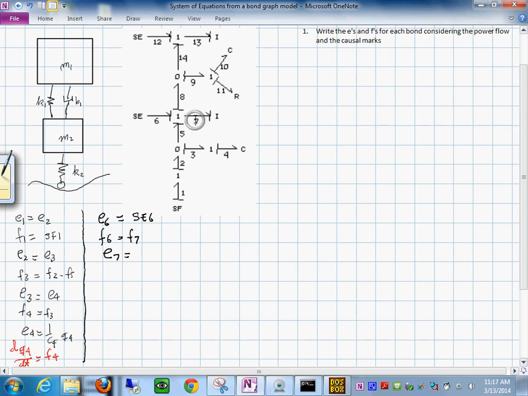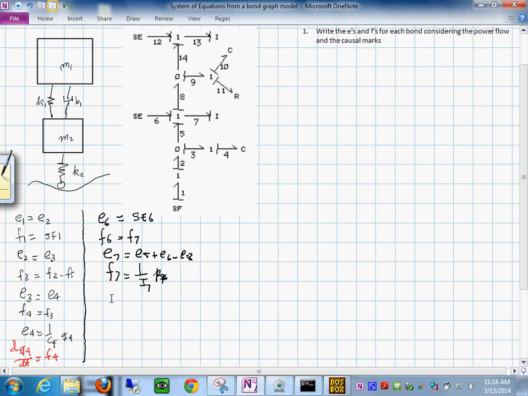And then we have E sub 7. E sub 7 is E5 plus E6 minus E8. We are seeing how the efforts add on this one junction: E5 plus E6 minus E8 equals E7. But F sub 7 comes from the integral form of the I element that you have in here, P7, this one.